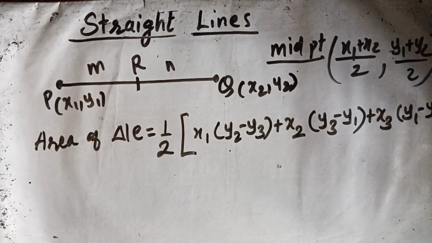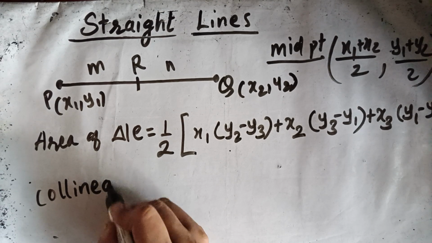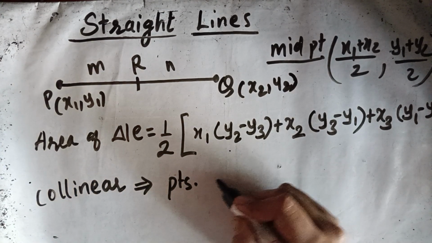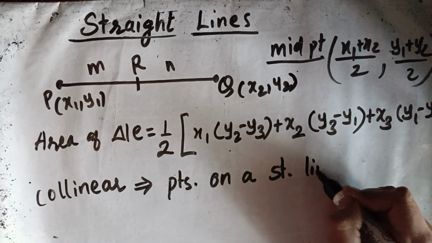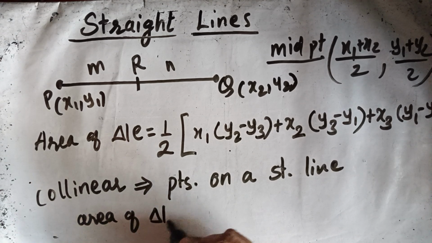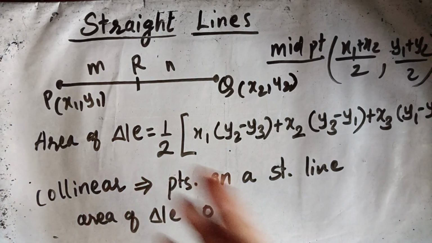Now, if the points are collinear, what do you mean by collinear? Collinear means the points are on a straight line. Then the area of the triangle is 0. So if you get the area of the triangle as 0, then you can say that these points are collinear.